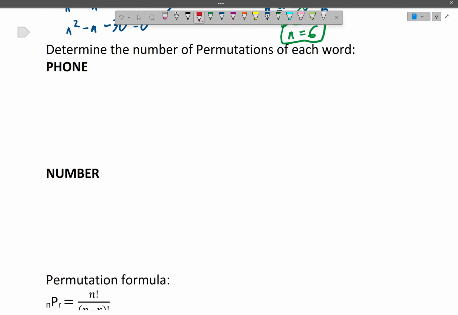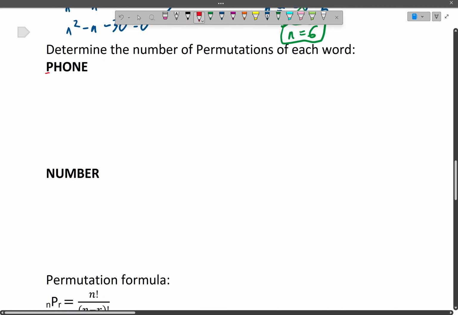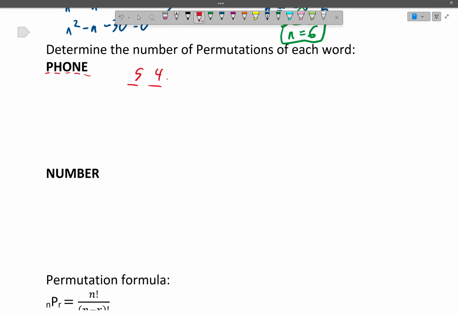So if all of the different items are unique, well, then it's just going to be 5, 4, 3, 2, 1, which I wouldn't bother writing out anymore. It's just 5 factorial. But you can use the fundamental counting principle because the fundamental counting principle is the same thing as a permutation.